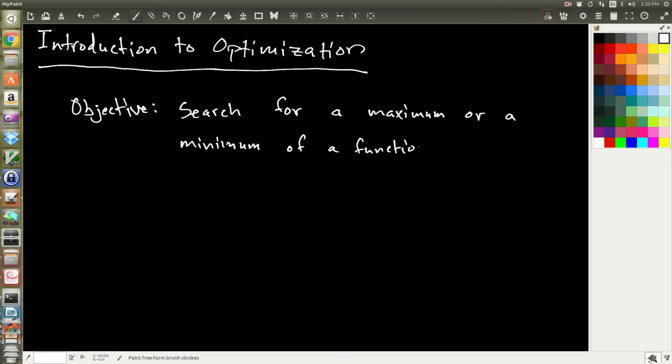So that's just a simple definition. It's probably a little over-constrained, but it's the definition we're going to go with for now, and the main objective of optimization.